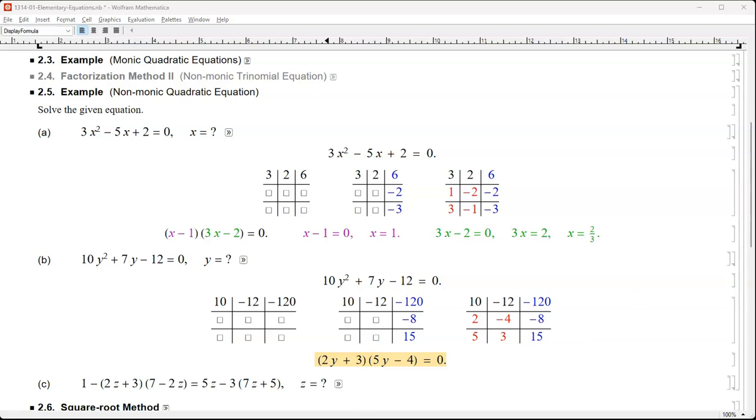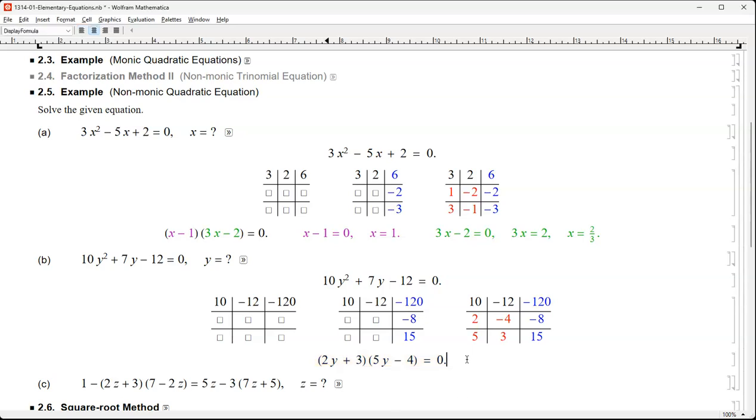See that? So 2, 3, and then 5, negative 4, like that. So that's how you got 2y plus 3 and 5y minus 4.